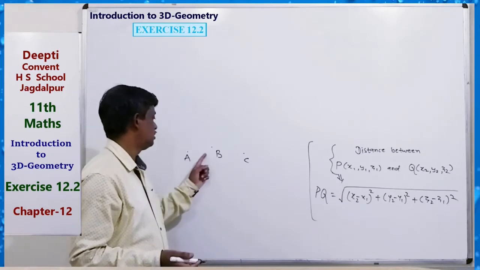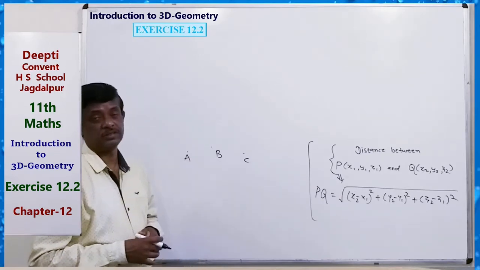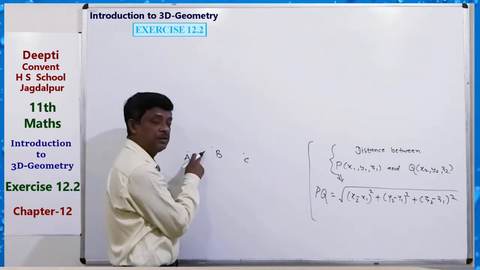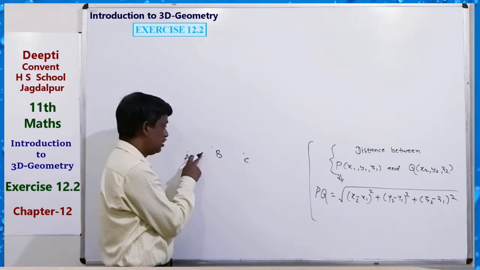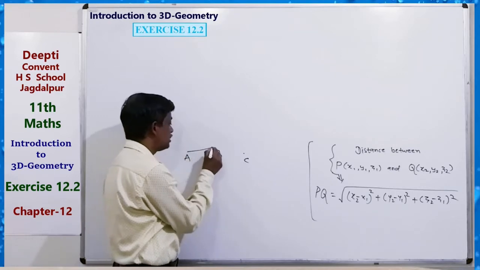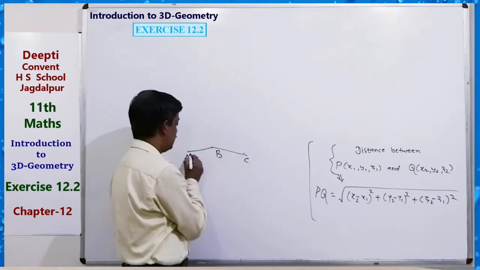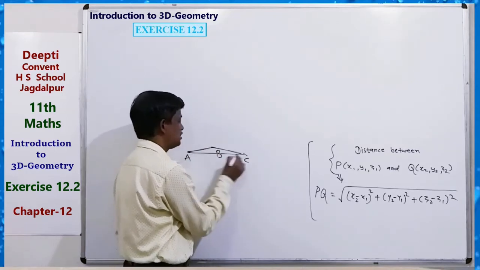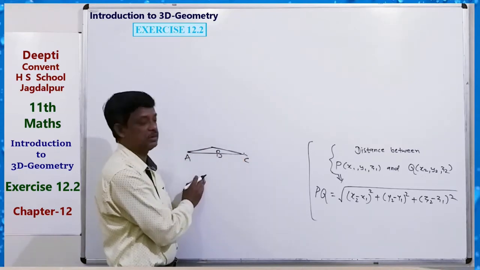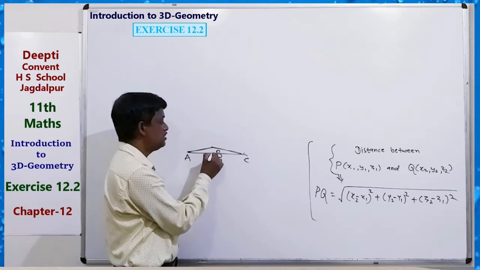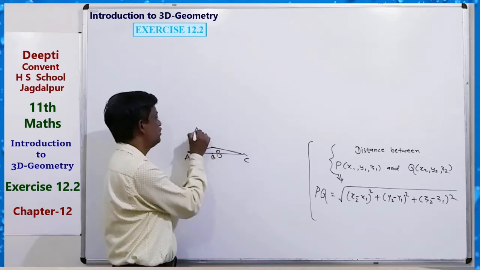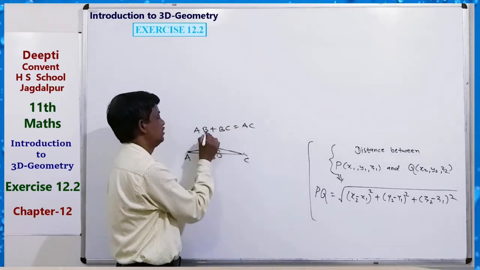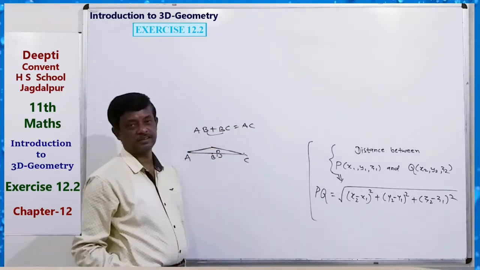Two points always lie in a line, we know. If AB plus BC equals AC, that means B lies on this line, and B is eliminated just like this.